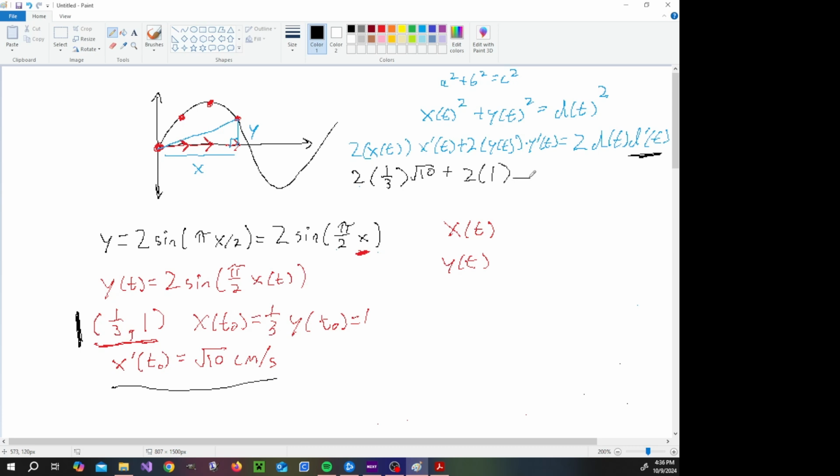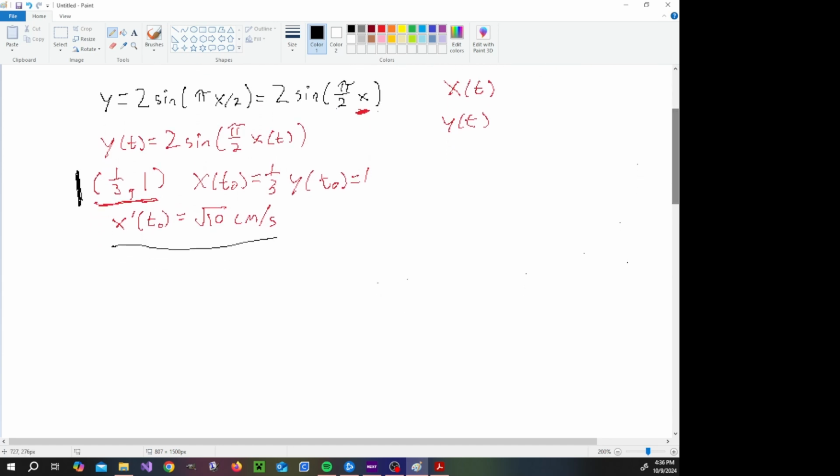Now I need to figure out y prime. However, I have a function for y, so now I can take the derivative of this and do y prime of t. Now we're multiplying by 2, so that constant multiple just hangs out front. Now we want the derivative of the sine thing, and we need to use the chain rule.